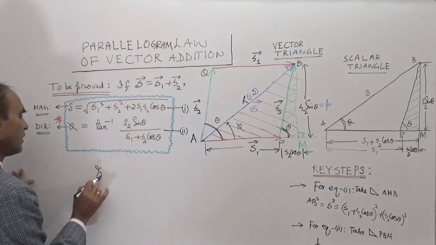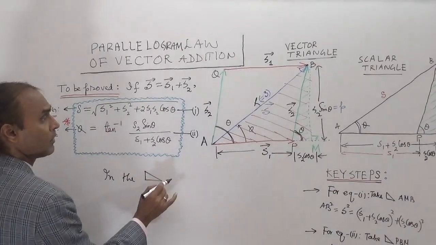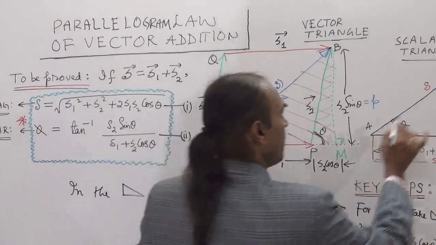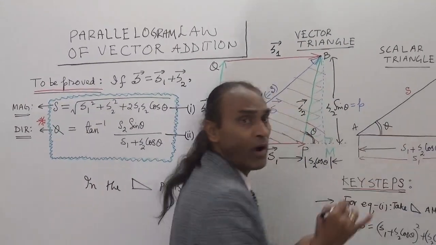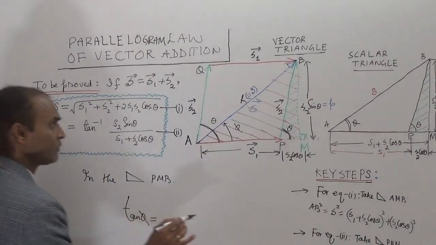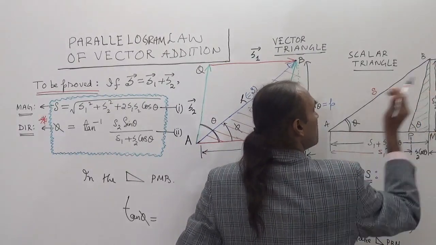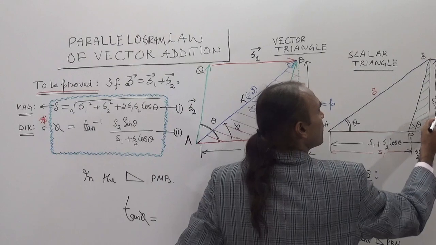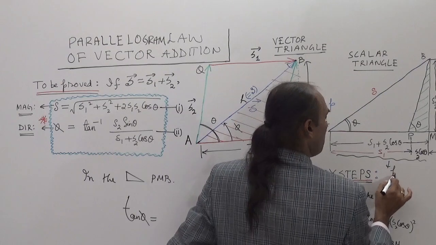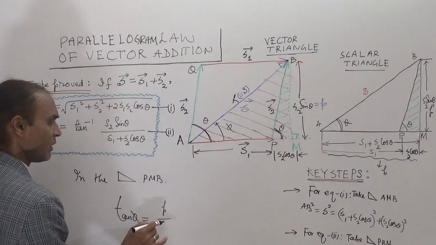In the right angle triangle PMB, tan phi is equal to perpendicular upon base.